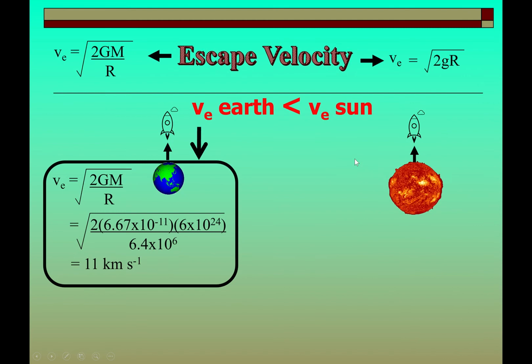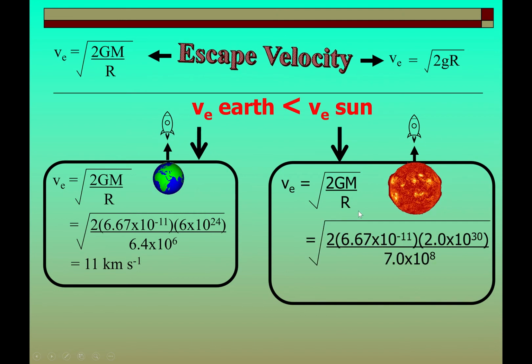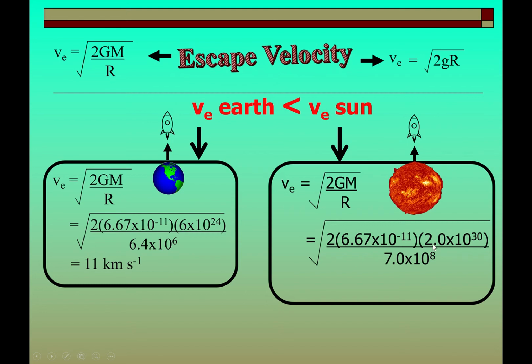We are going to determine the escape velocity for the Sun using the equation square root of 2GM per R. So we substitute the gravitational constant, 6.67 times 10 to the power of negative 11, and the mass of the Sun, 2.0 times 10 to the power of 30, divided by the radius of the Sun, 7.0 times 10 to the power of 8.